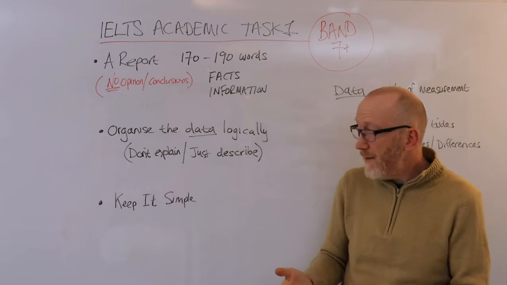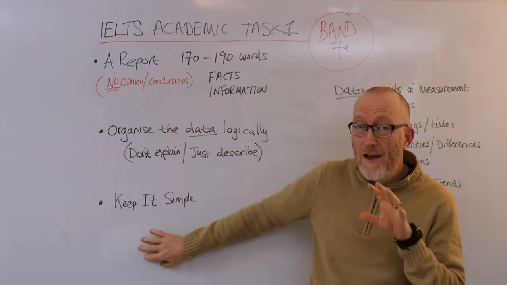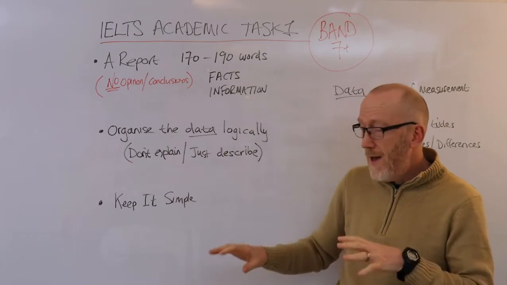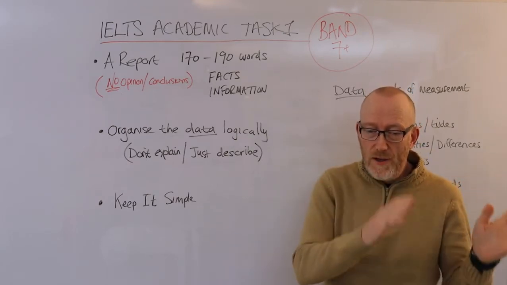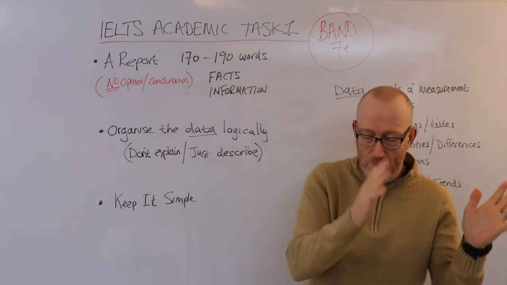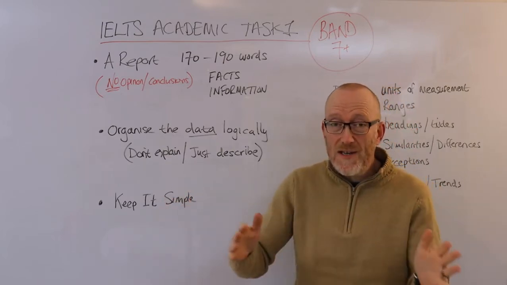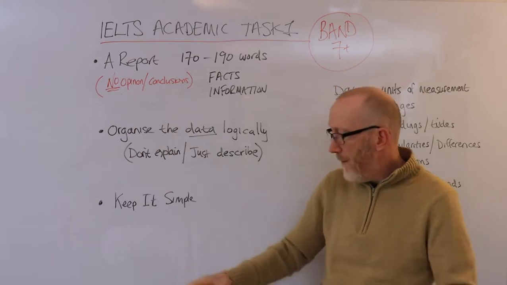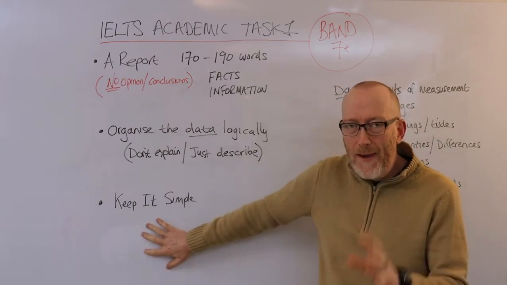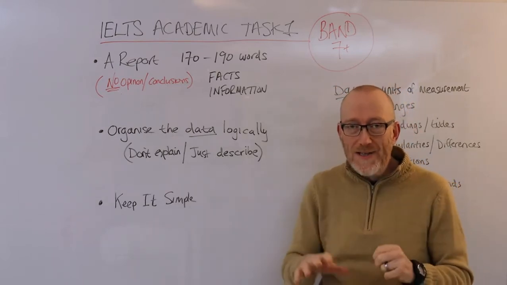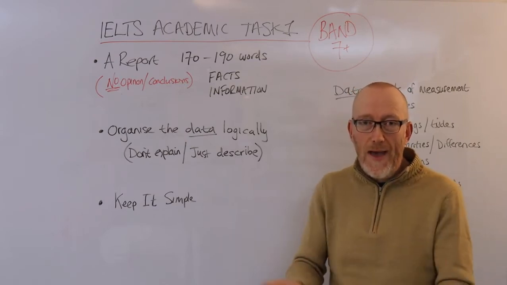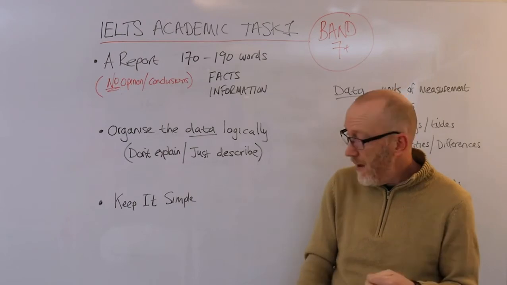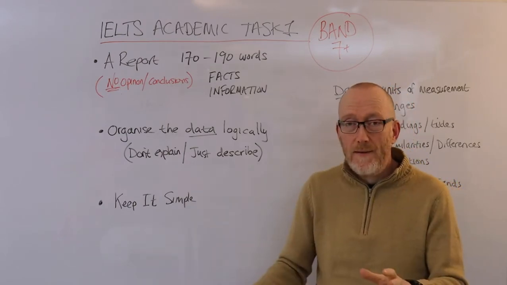A complex sentence can contain very simple grammatical structures. The complexity comes from describing what you're trying to describe in a natural and effective way. So keep it simple. Practice using simple, good vocabulary for comparing, contrasting, and describing things, and use your simple tenses.